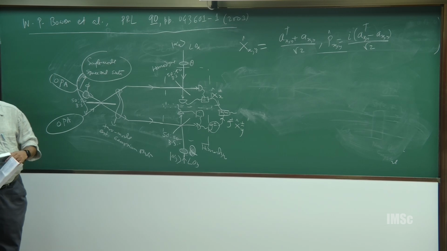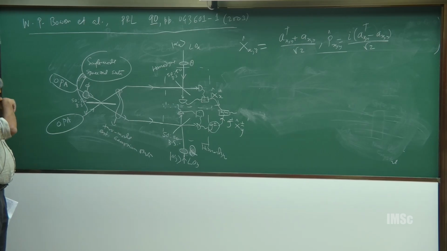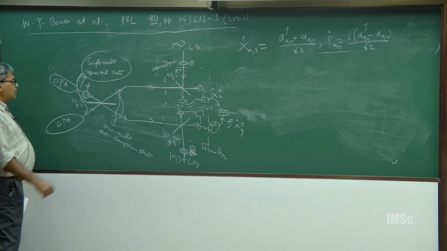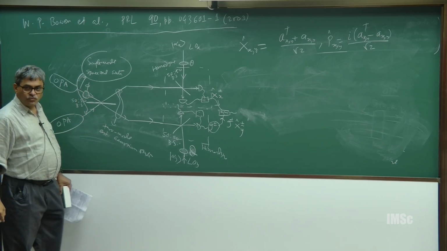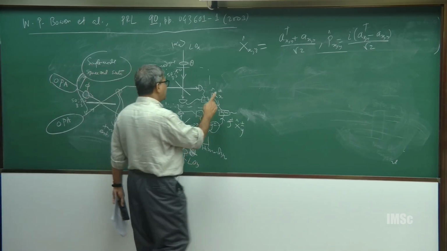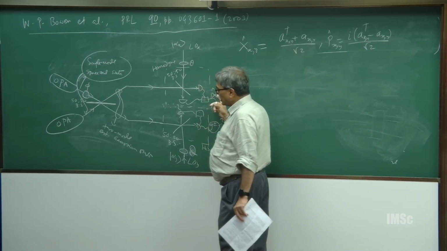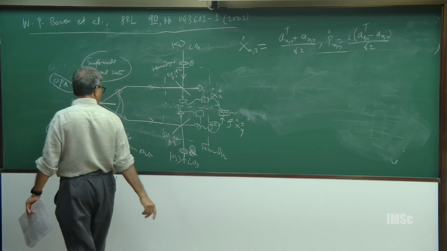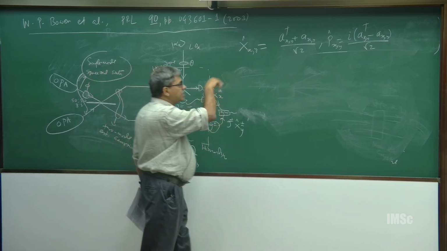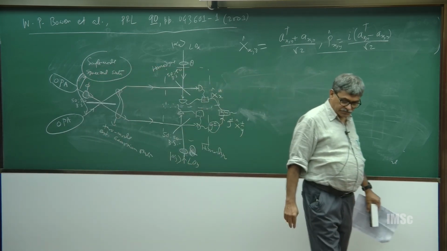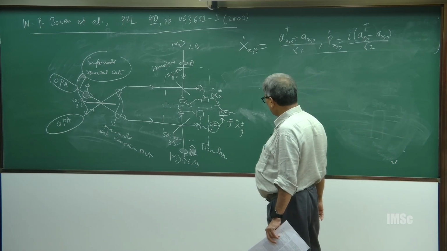Sir, do this phi and theta have any relation to the phase delay you have put before the beam splitter? Yes. You can control these phases to get the position and momentum quadratures, x plus and x minus, by selecting phi and theta properly. Then will this phi also govern whether our state is entangled or not?